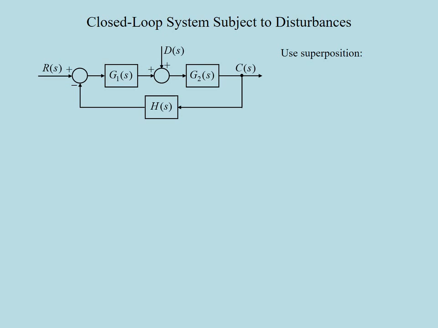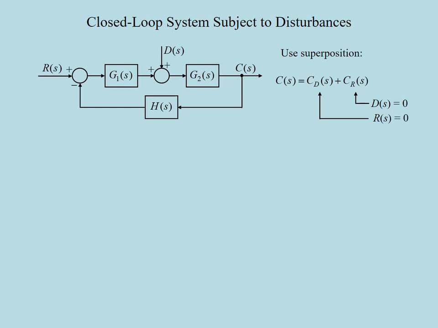So the output will have two components, C sub D and C sub R. C sub R is the component that is caused by R of s only. In other words, whenever the disturbance D is equal to 0. And C sub D is the component that is caused by the disturbance only. This corresponds to the case where the reference input R is equal to 0.